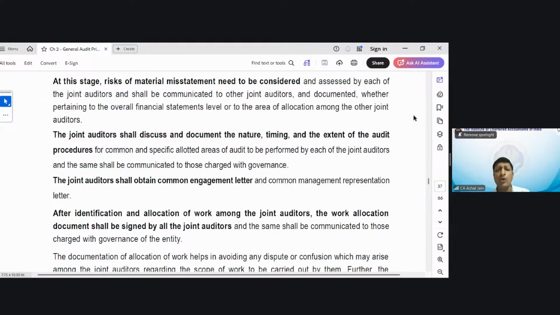Of course, they can always talk to each other; nobody is stopping them. But the idea is not to get into duplication, which is why it's pre-agreed. But if there is anything which they believe requires a joint discussion, because it will help them in executing the specific area which they have selected, they can always do that.